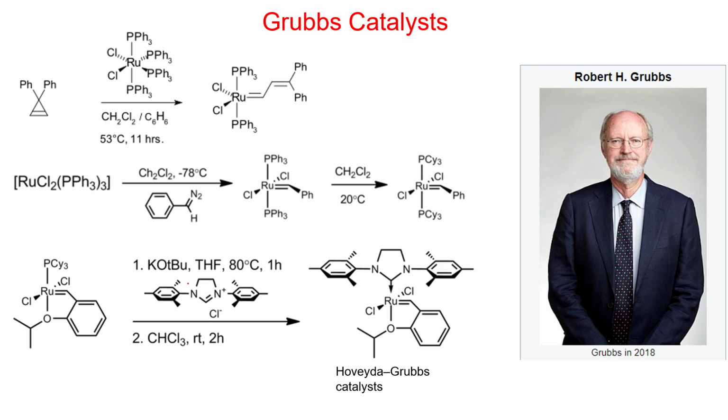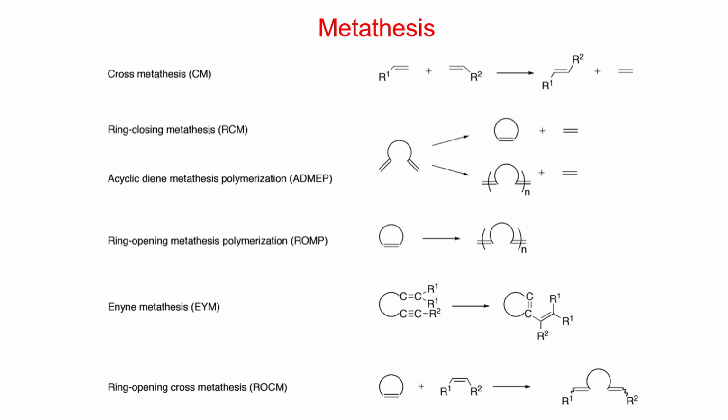Now in heterocyclic carbenes, potassium hydroxide is used first, where your carbene is generated and reacted with this, and this PCy3 can be removed. These are the variations that we are seeing.